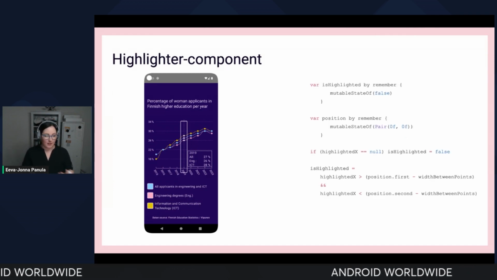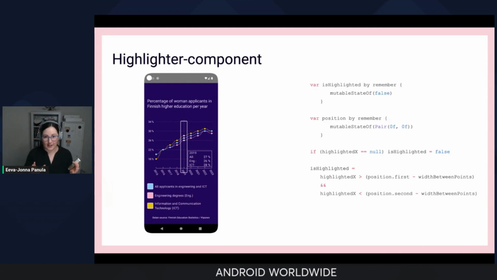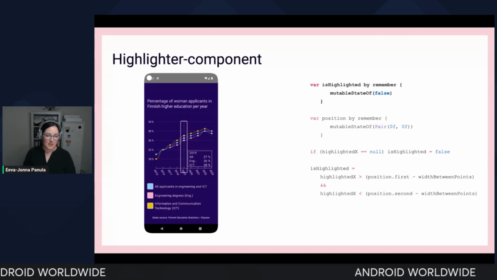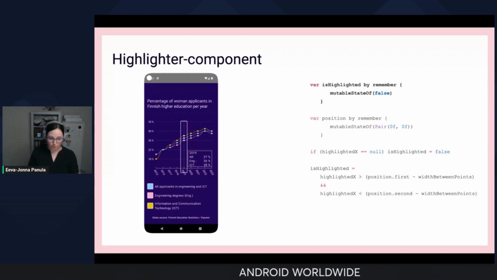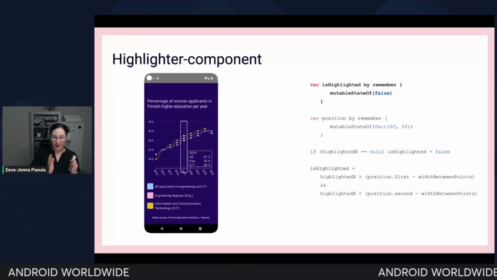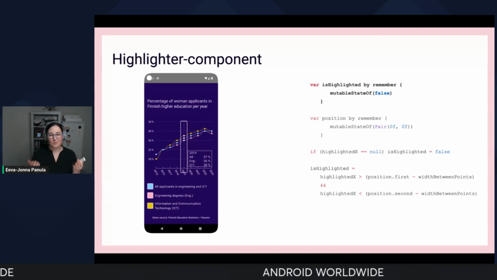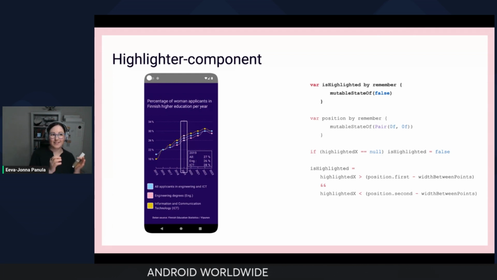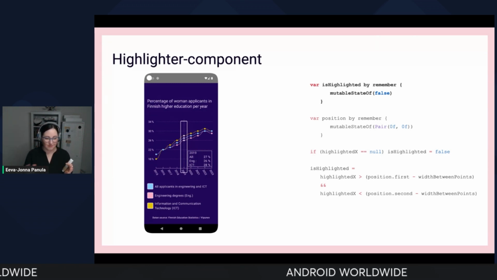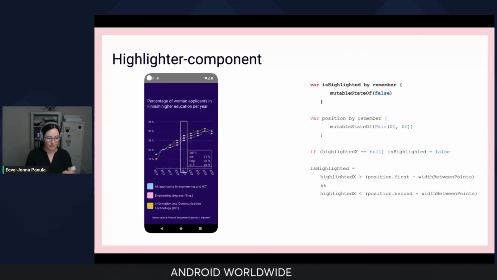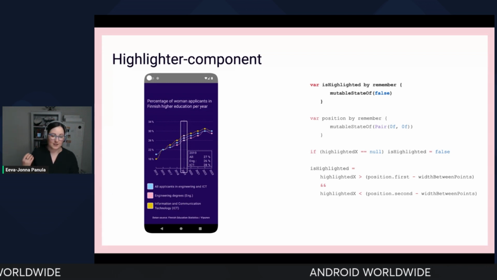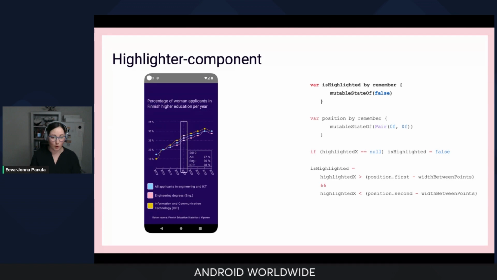All right. Then inside of that for each, we are doing more things. Let's go through them. So first of all, we need to know if the current year is highlighted. So basically, if the current year is the same as the highlighted X, so that we can use that information for example for styling here. So we define is highlighted, and remember its default value is false.